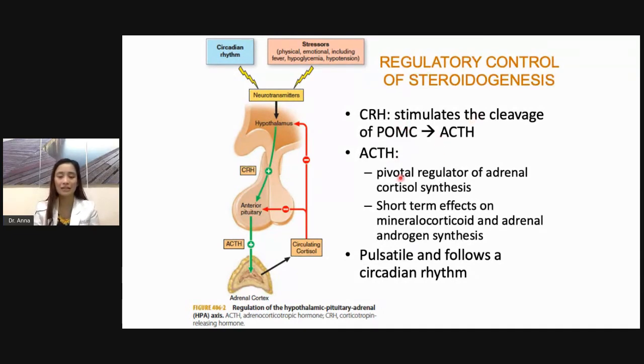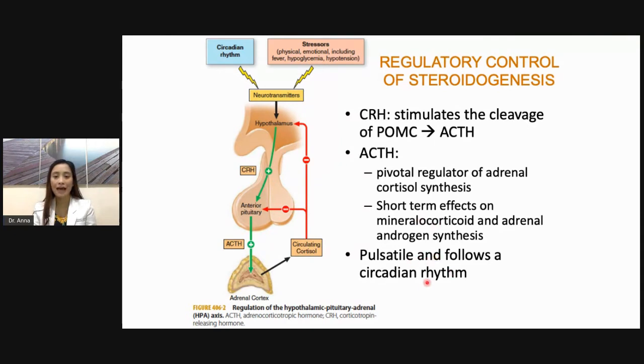So your ACTH is the main pivotal regulator of your adrenal cortisol synthesis. It has some short-term effects on mineralocorticoid and adrenal androgen synthesis. But remember, the predominant control of your mineralocorticoid secretion and synthesis is your angiotensin 2 and your potassium.